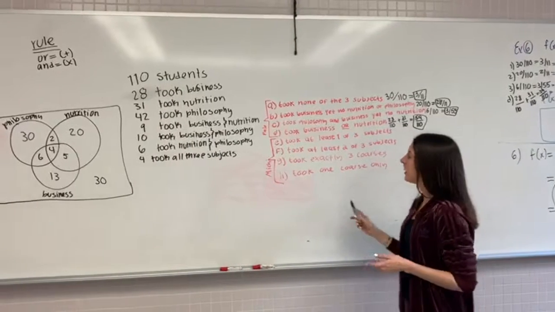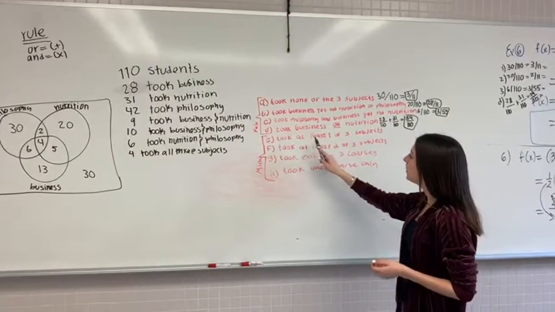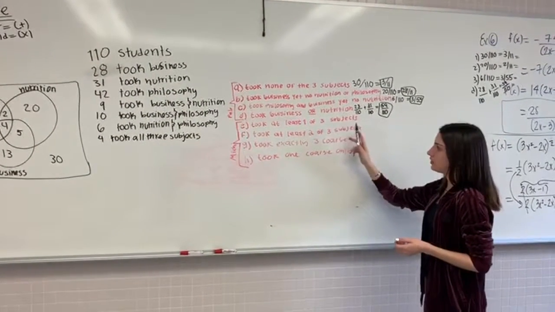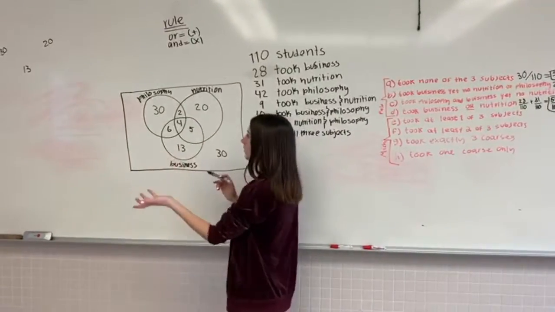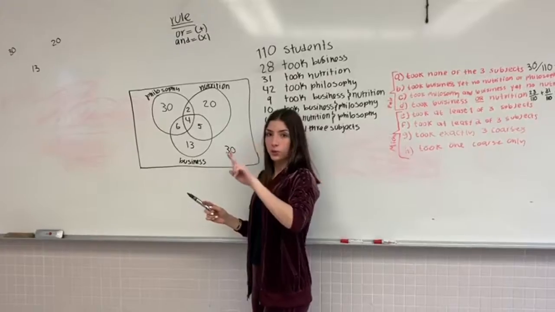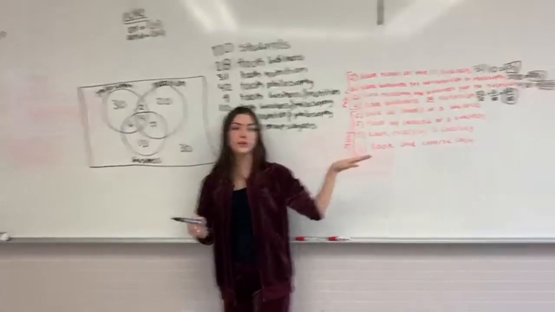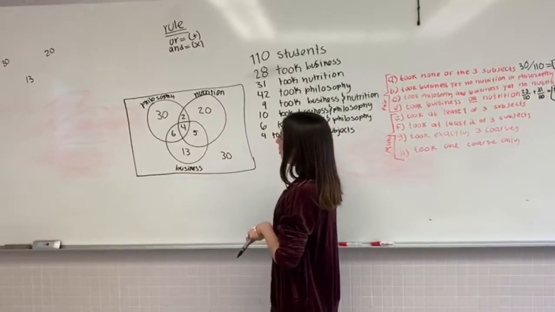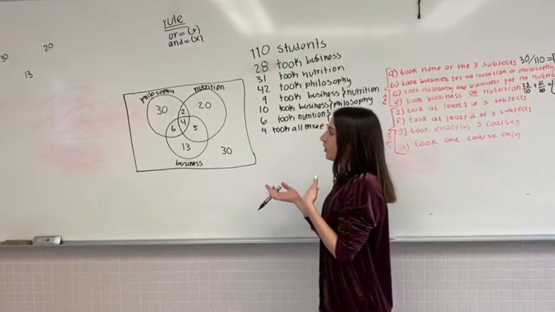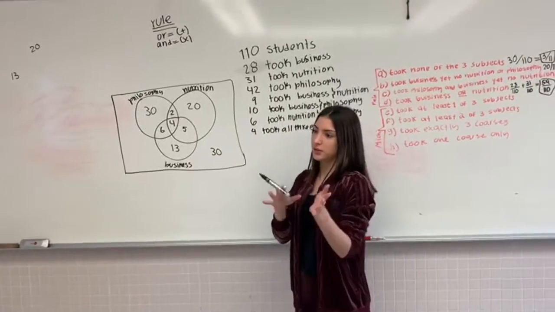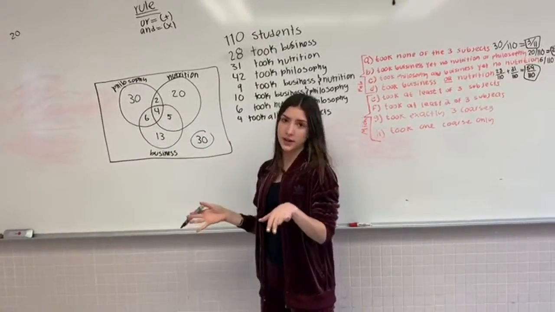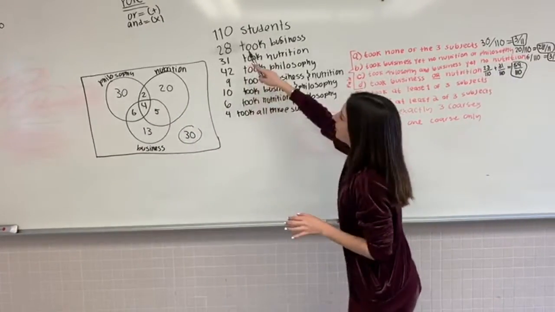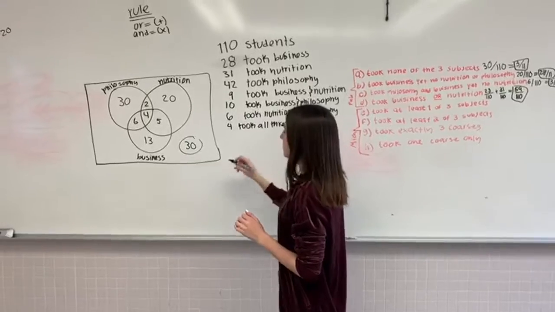Our next problem that we have to solve is this one. Took at least 1 of 3 subjects. That means that in the Venn diagram, whoever took at least 1, 2, or 3 courses should be included in this probability. So it's basically asking who didn't take the courses but the other number. So 30 people didn't have any classes at all, and you had 110 students.